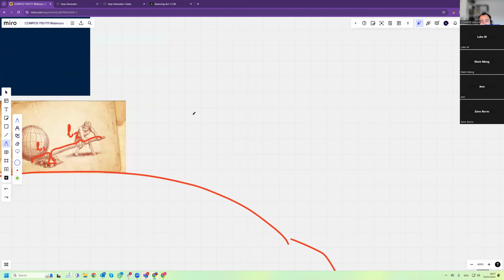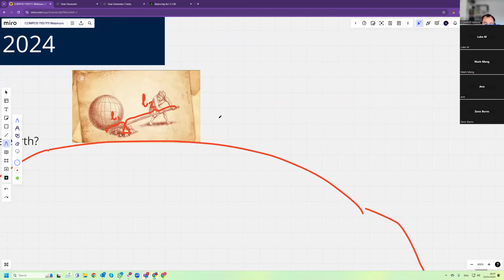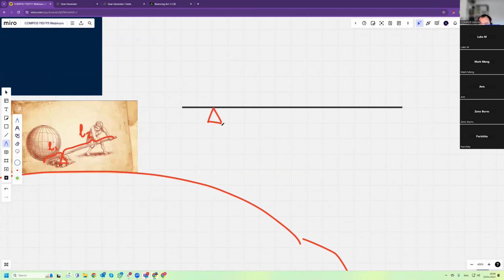is the proportionality effect. So theoretically, yes, with any force you could move any other object. But what you need to understand, if you take a plank proportionally, let's say that this is 1 meter and this is 10 meters.